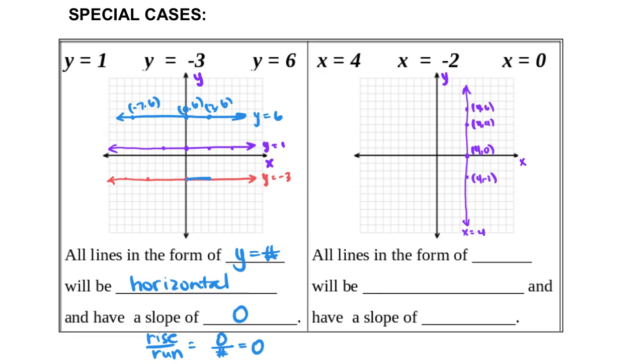If I look at x equals negative 2, I'm going to go on my x-axis. I'm going to find where negative 2 is. That's right here. Anywhere along this vertical line, the x value will be negative 2. So that's the graph of the equation x equals negative 2. And if I have x equals 0, right here at the origin is where x is 0.